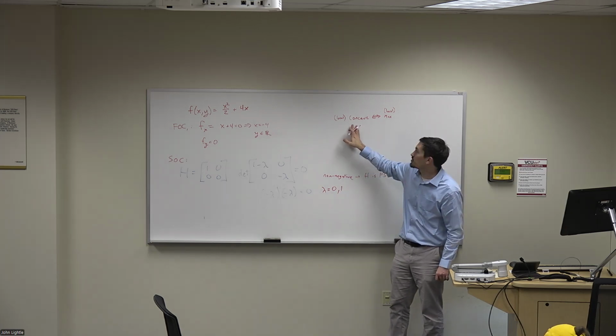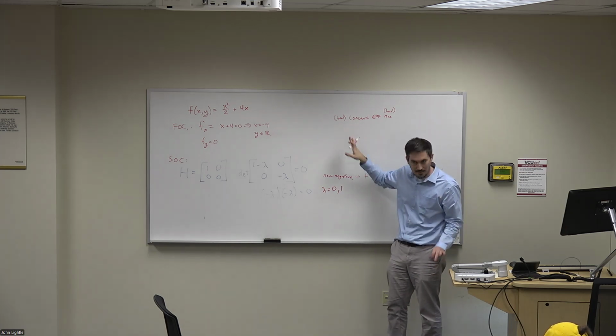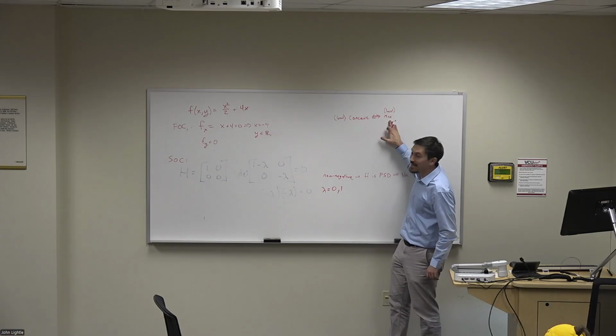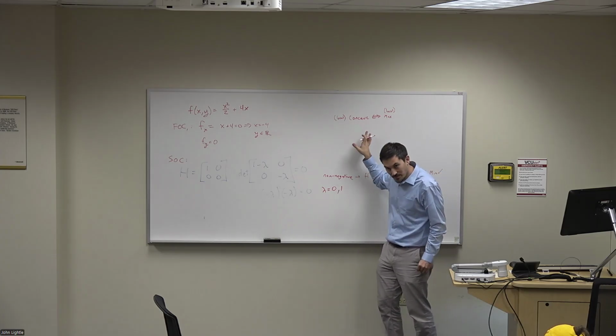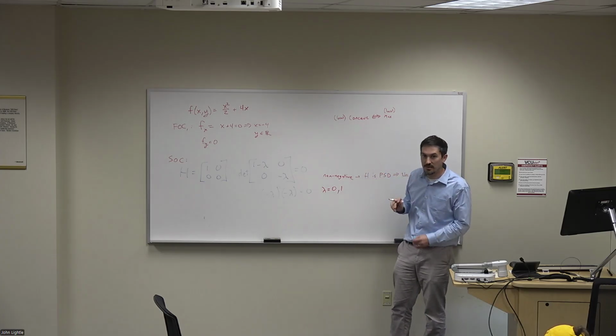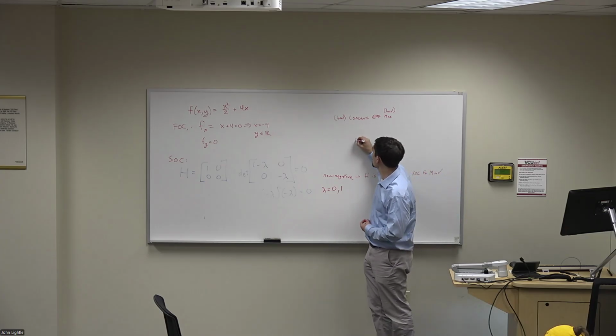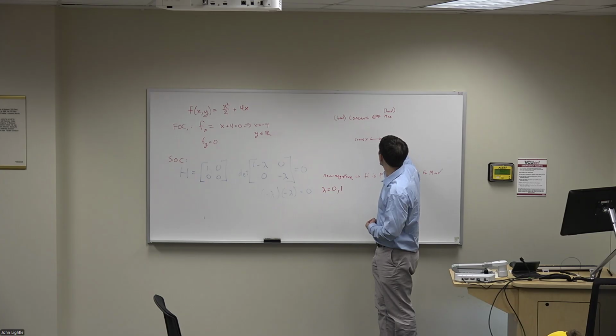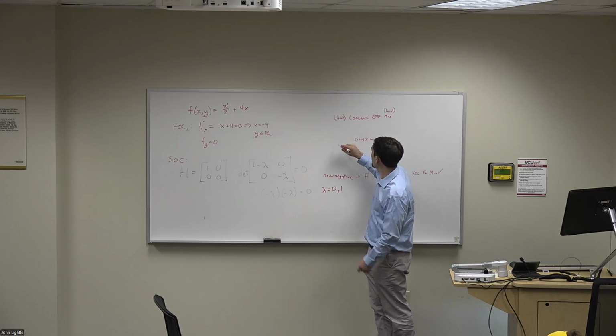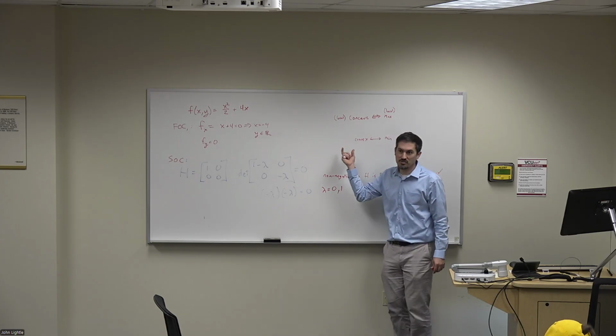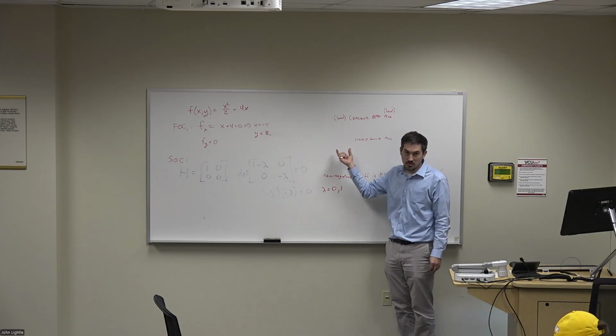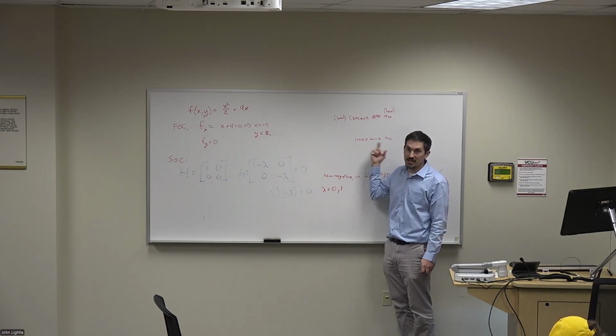If you knew a function was globally concave, that means it's concave everywhere, then this maximum that you would find is also a global max. They sort of go together that way. Same thing with convex and min, where you can add this sort of adjective of local or global, and it will apply to both.